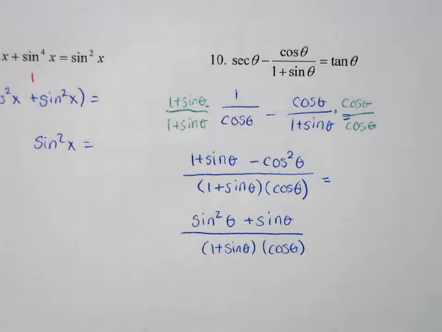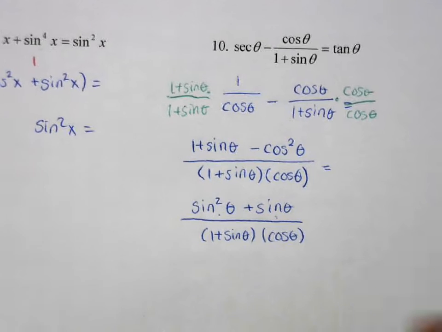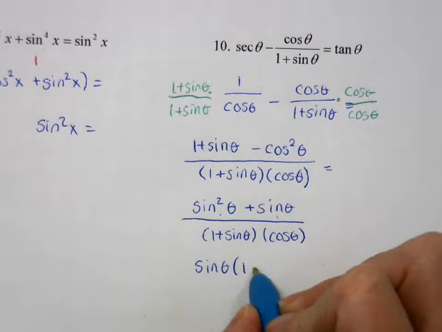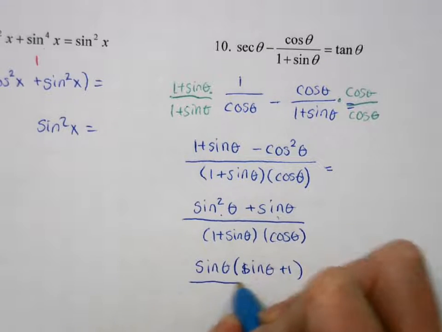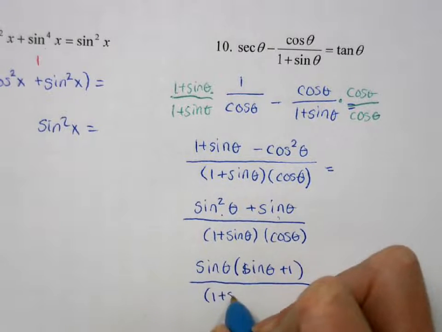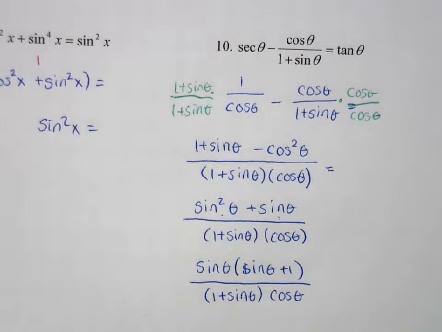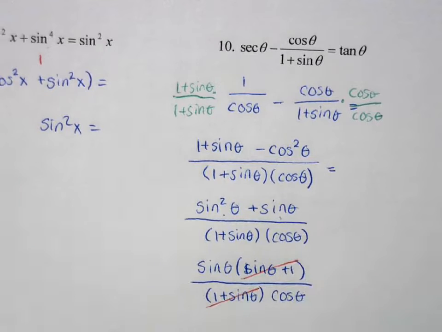So I'm going to leave it in the factored form. And speaking of factoring, that's what I'm going to do in the numerator. I'm going to factor out a sine, which leaves me with a sine plus 1. Okay, the 1 plus sines cancel, so we're left with sine over cosine, which is tangent.